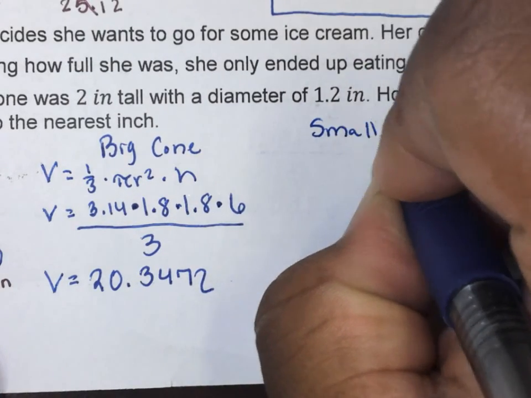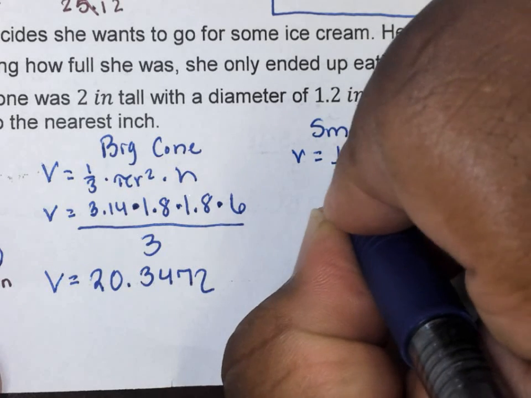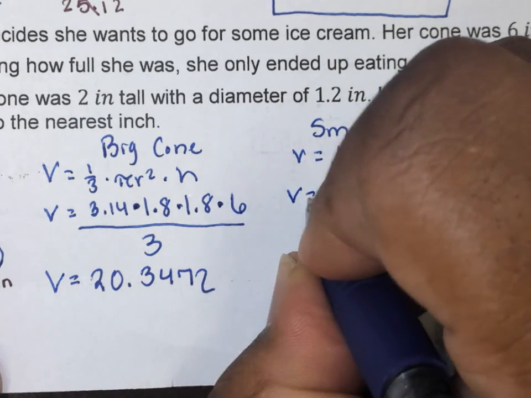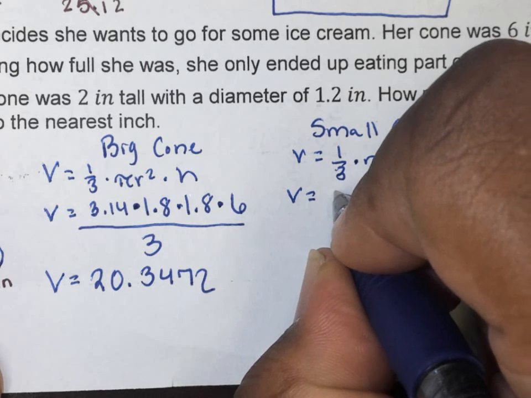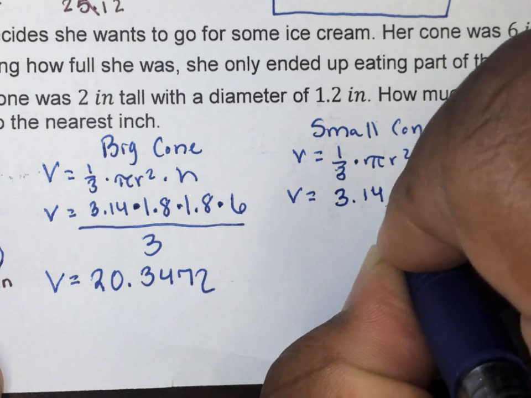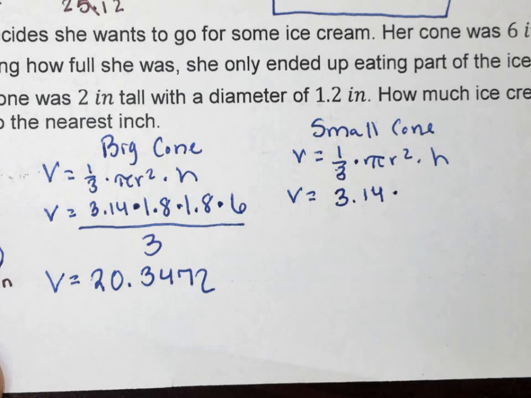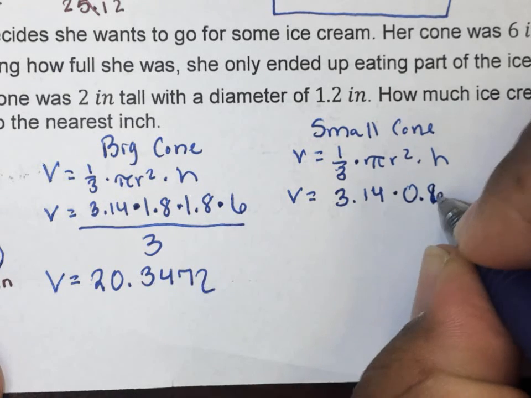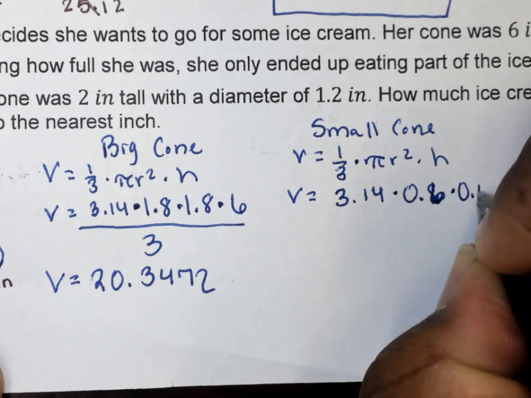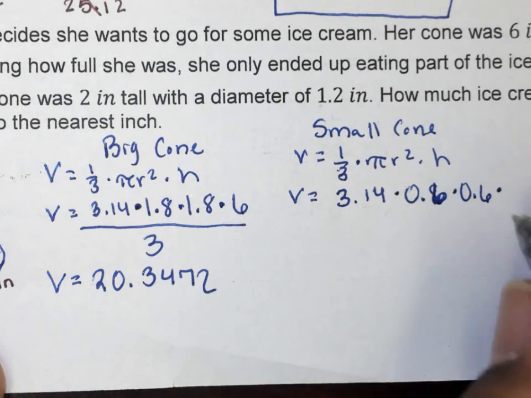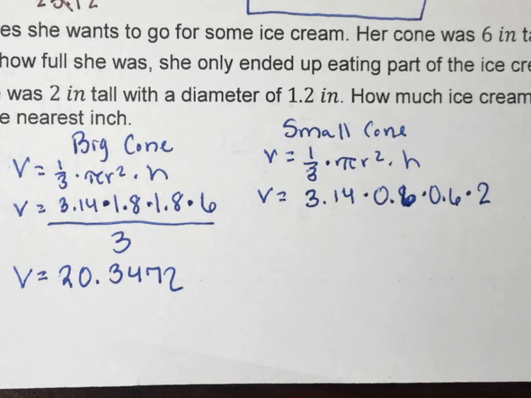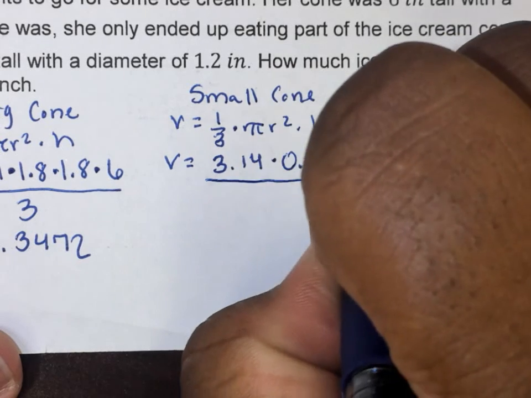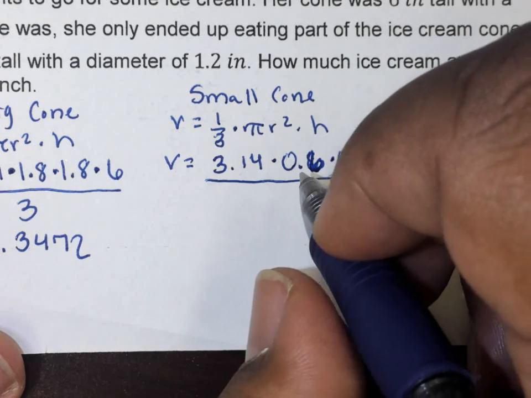Small cone. Volume equals 1/3 times pi r squared times the height. Volume equals, moving the 1/3 to the bottom as a divided by 3, times 3.14 times, what's the radius on the second cone? Don't have time to wait on y'all. 0.6 times 0.6 times 2, divided by 3.